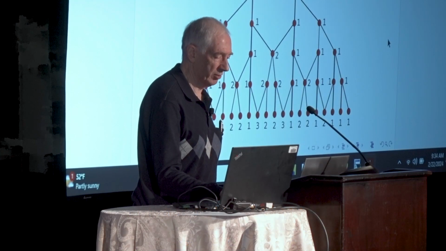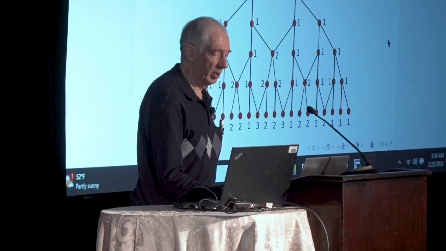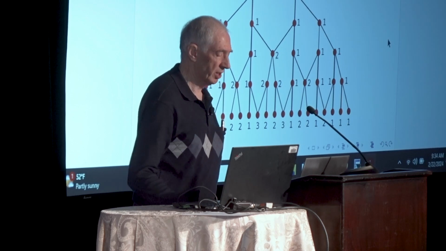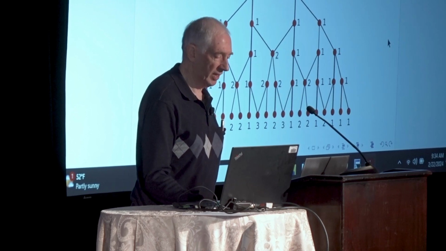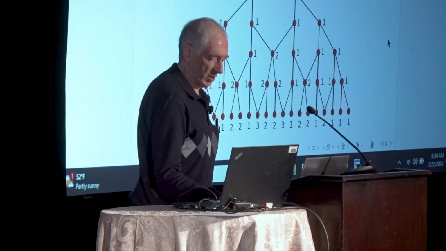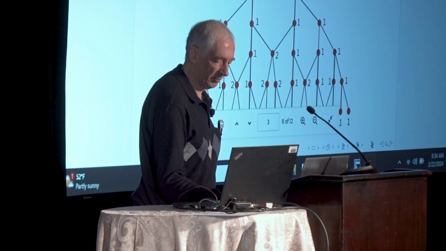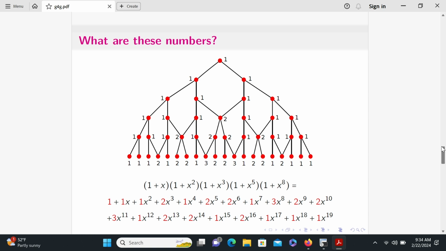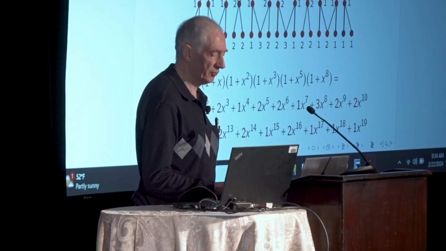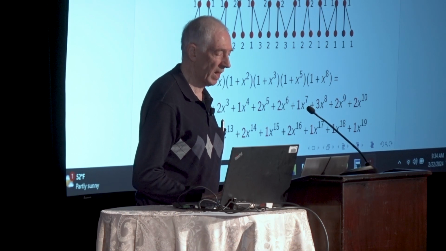I have time to mention two. The first thing we could ask is, what are these numbers along each level? So for instance, what is the sequence of numbers on level 5? And the way you get this is the following. For level 5, we're going to take a product of 5 factors. Each factor is 1 plus x to a power.